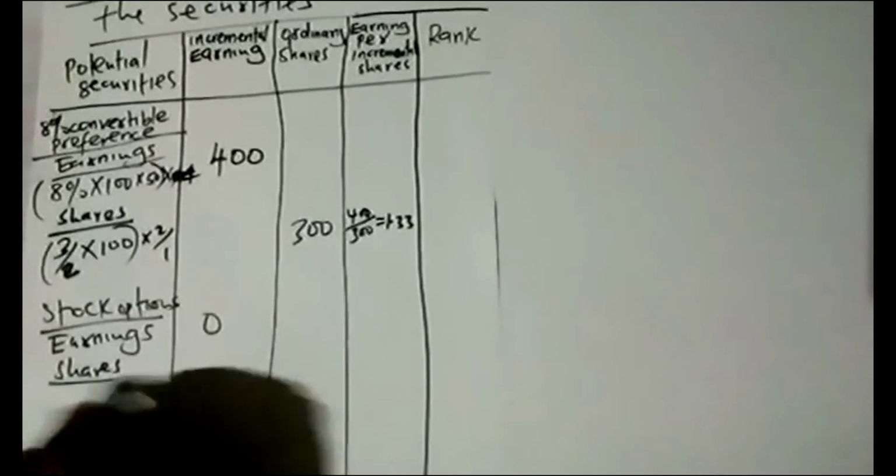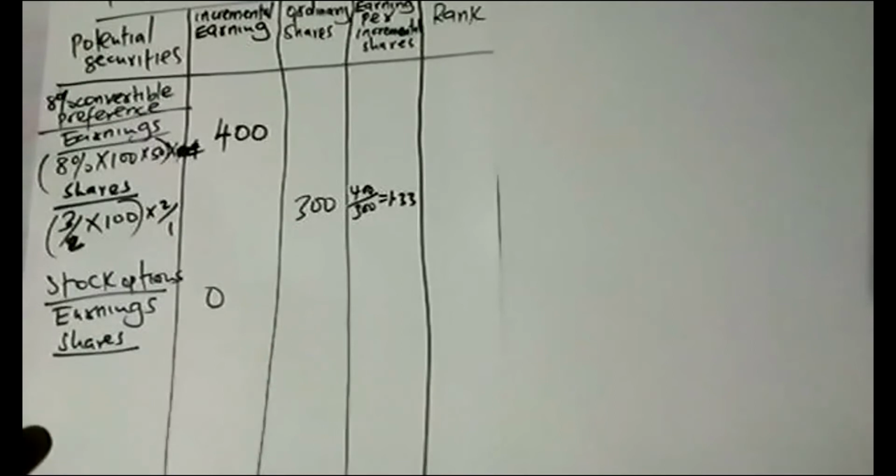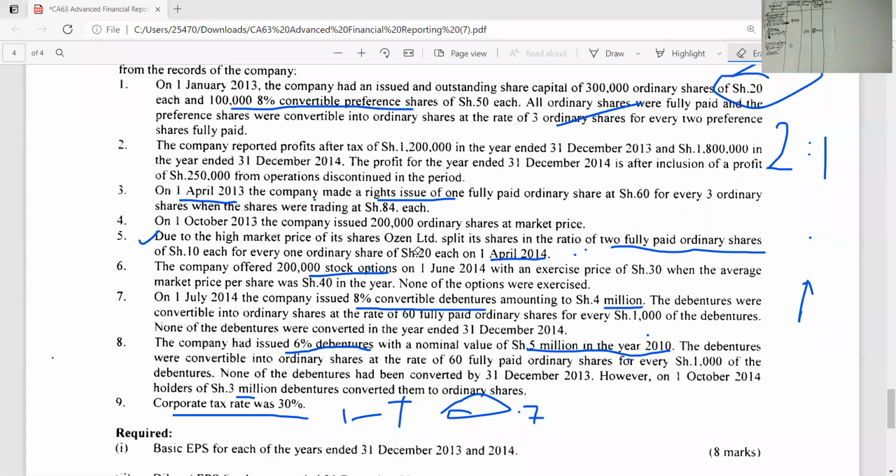So for shares, remember the options they were given is to purchase how many shares? The company offered 200,000 stock options on 1st June with an exercise price of 30 when the average market price was 40.